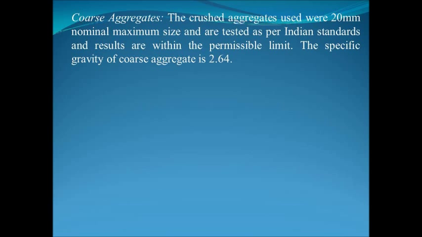Coarse aggregate. The crushed aggregate used was 20 mm nominal maximum size and was tested as per Indian standards, and results are within the permissible limit. The specific gravity of the coarse aggregate is 2.64.